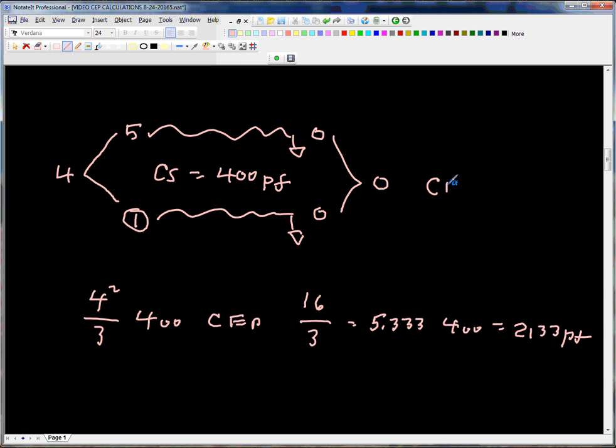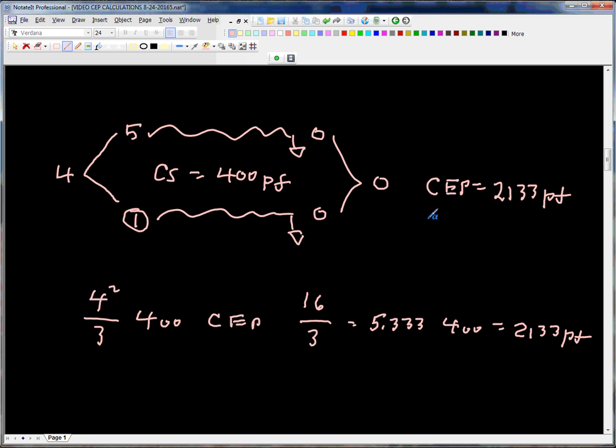So CEP, in our case, equals 2133 picofarads. So it's not really 400 picofarads anymore, it's 2133.